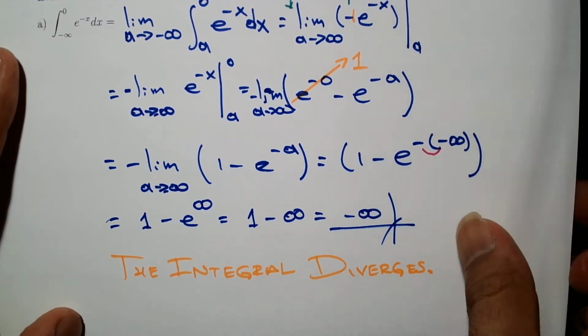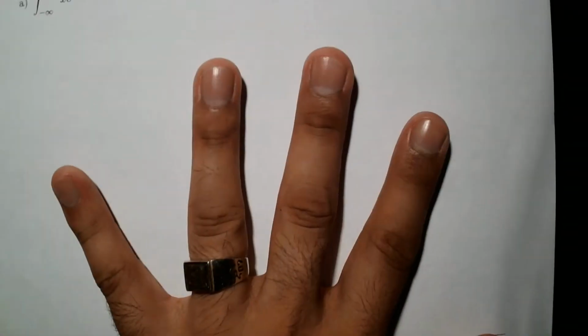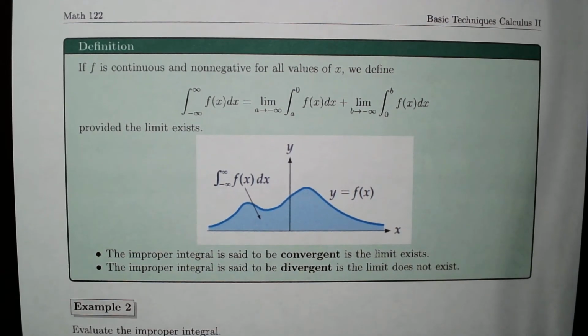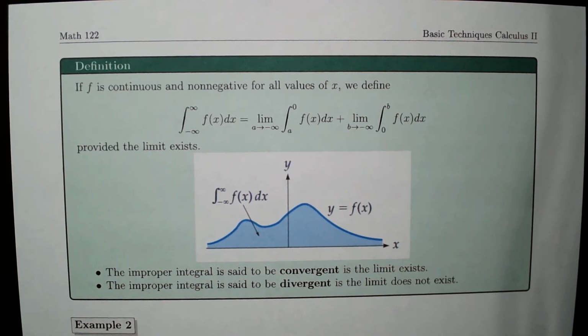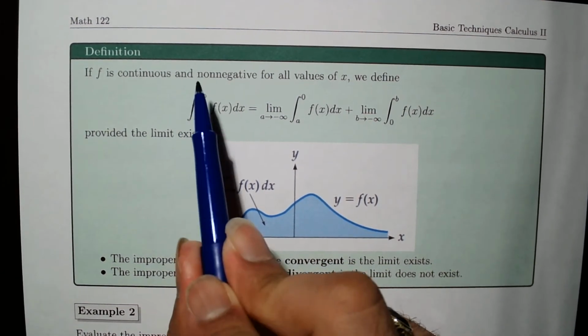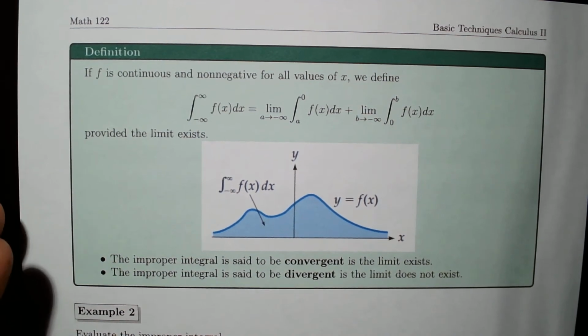Let's look at the third and last case. A case in which we are going to break the problem up into two pieces. That's what happens when both limits of integration are infinity, negative infinity and positive infinity.